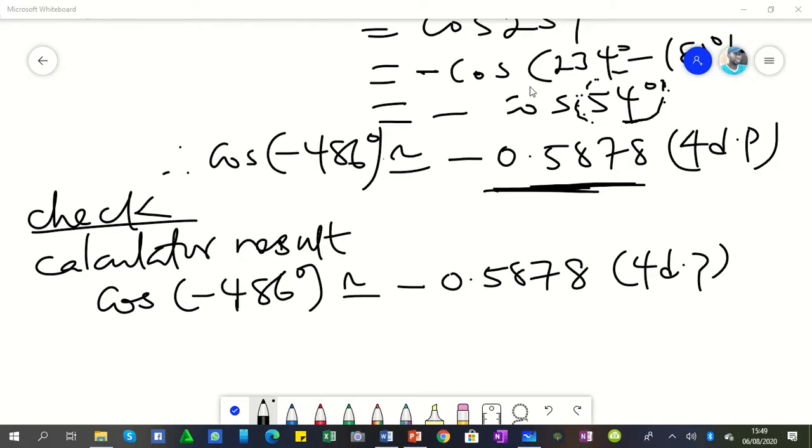So please note that this minus cos 54 degrees should give us the exact same value in full. The whole answer for minus cos 54 must be the same answer for cos minus 486 degrees. And that concludes the very first question.